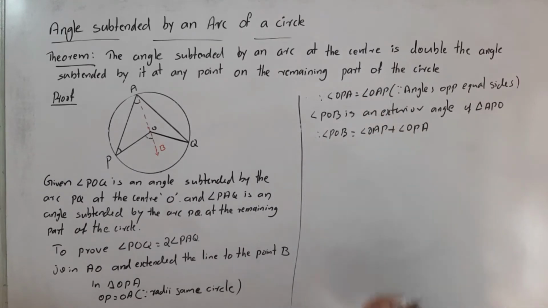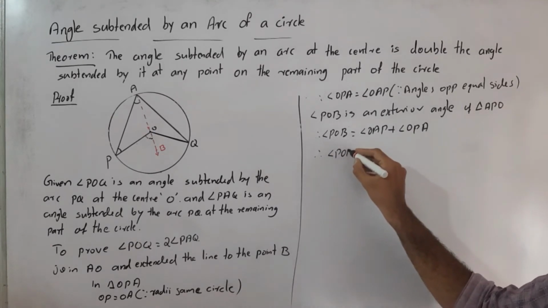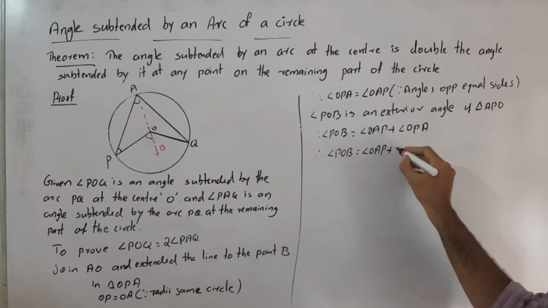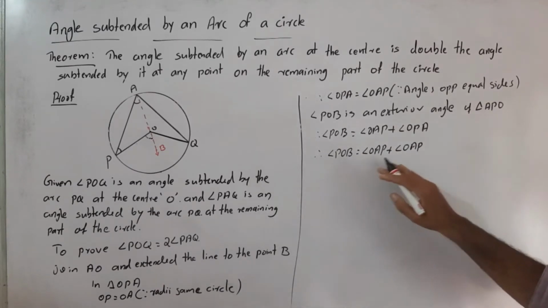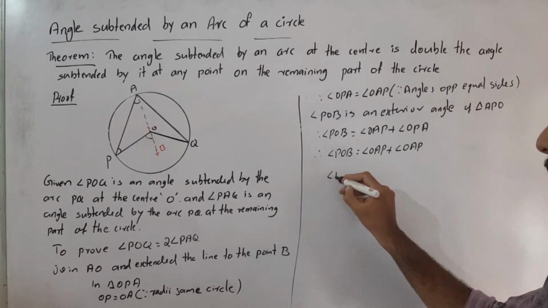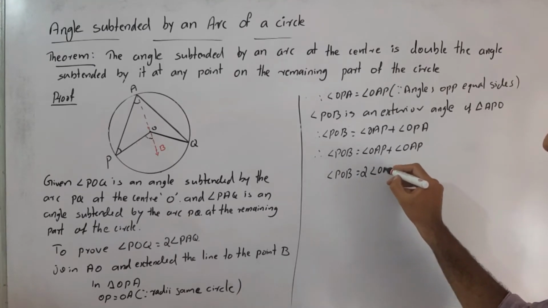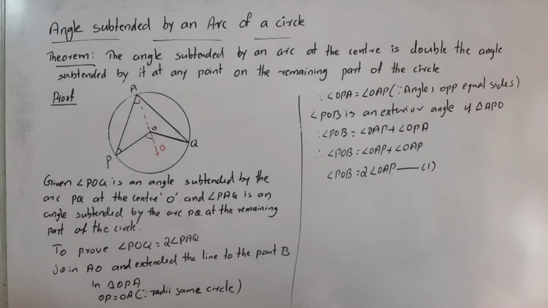Okay, so next step, therefore angle POB is equal to angle OAP plus angle OAP. Okay, what is angle OAP plus angle OAP? Yes, we get angle POB is equal to 2 angle OAP. Okay, this one we choose as equation 1.